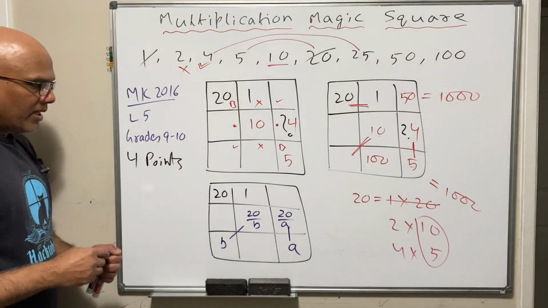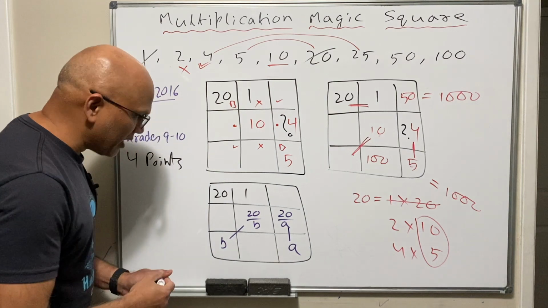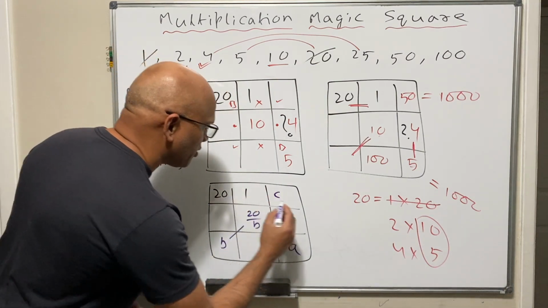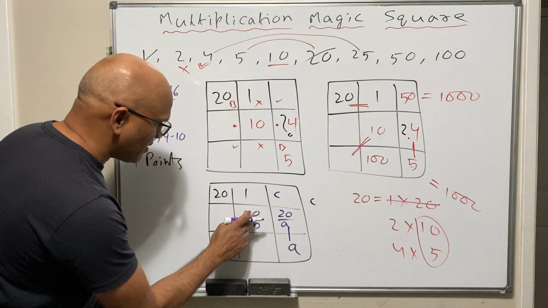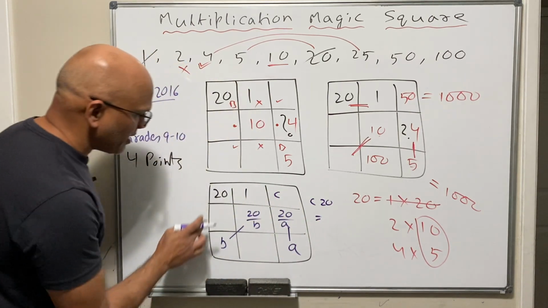All right. Next, this product has to be the same as this product. So let me call this C. So C times 20 should be the same as this number.